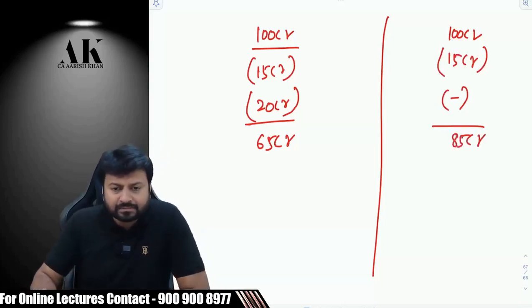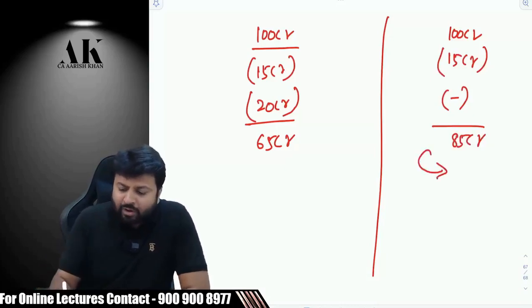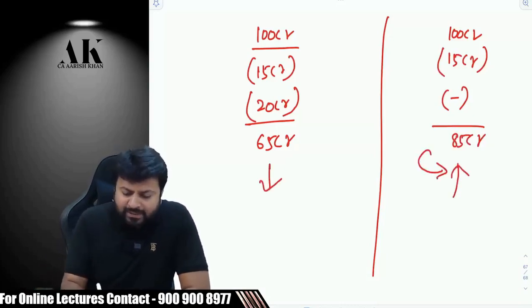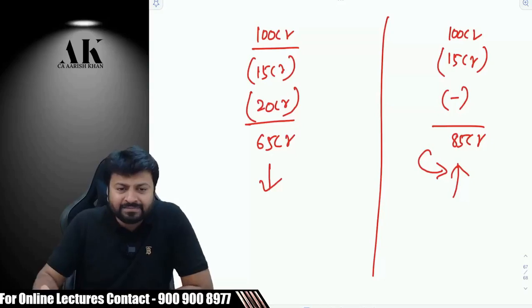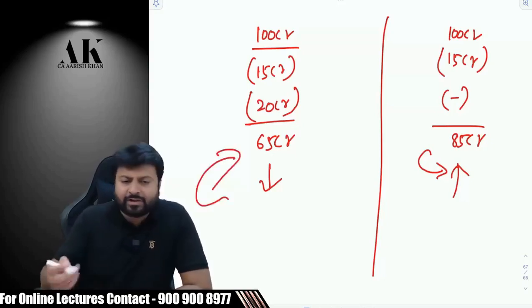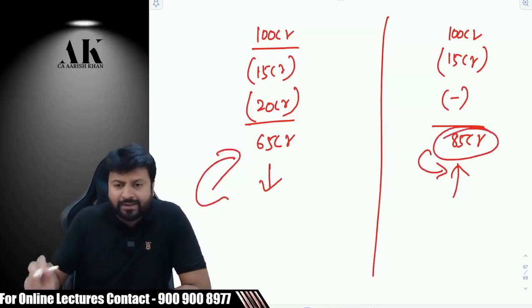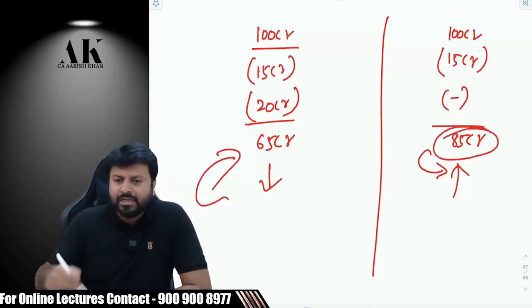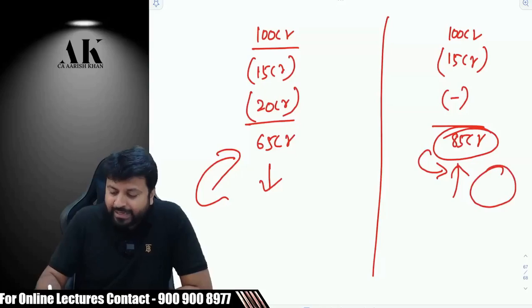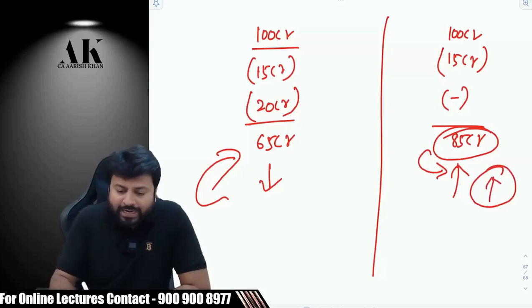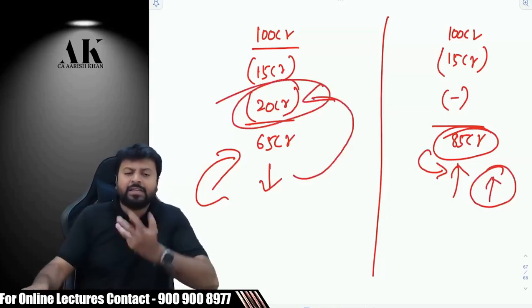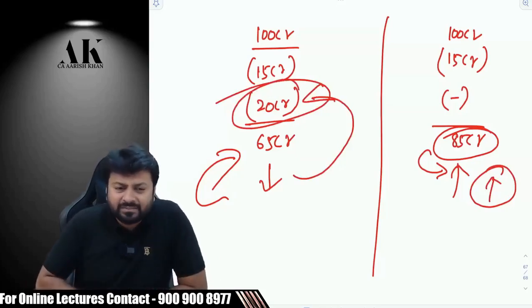So in the next year, I would have got more normal depreciation. Next year I would get 15% of 65 crore here, and there I would get 15% of 85 crore. So the extra normal depreciation I would have got in the next year, I have already taken in the form of additional depreciation in the first year. So it's just a preponement of benefit.